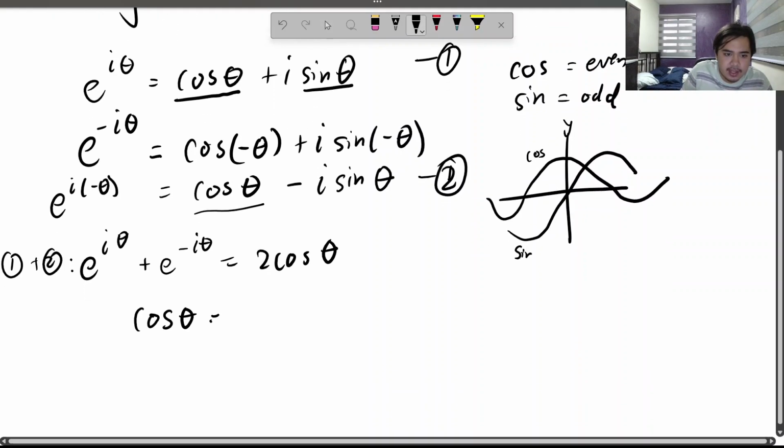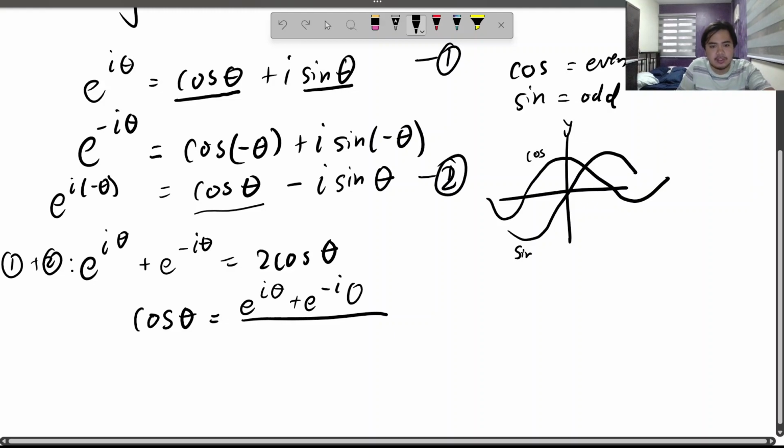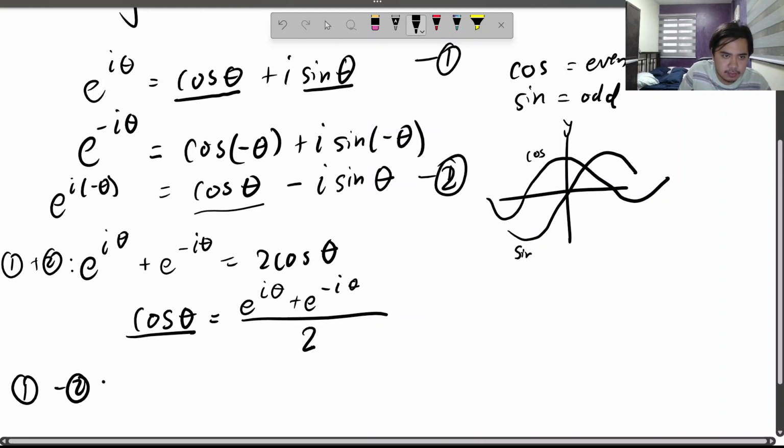So cosine theta is equal to e to the I theta plus e to the negative I theta over 2. That's the complex form of cosine theta. How about sine theta? Well, how about 1 minus 2?